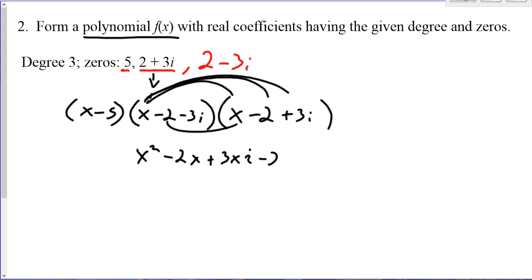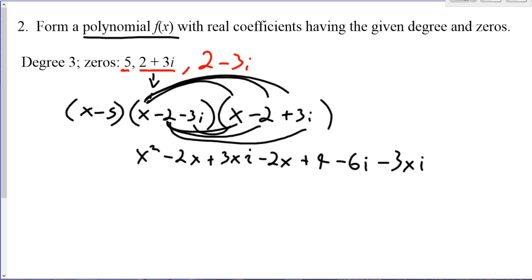Then minus 2x, plus 4, minus 6i, minus 3xi, plus 6i, and minus 9i squared. Well, I need to remember i squared is equal to negative 1. So that makes negative 1 times negative 9 a positive 9. So I'm going to collect my like terms.